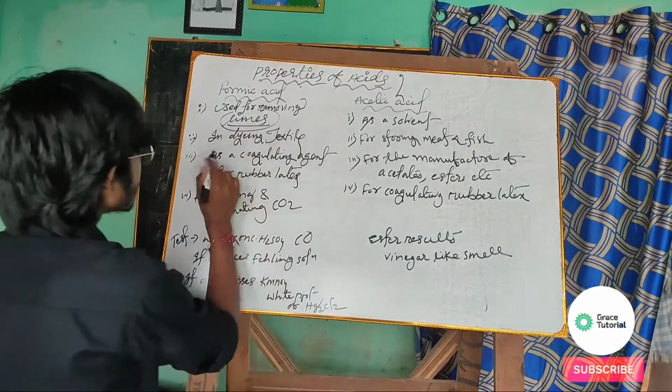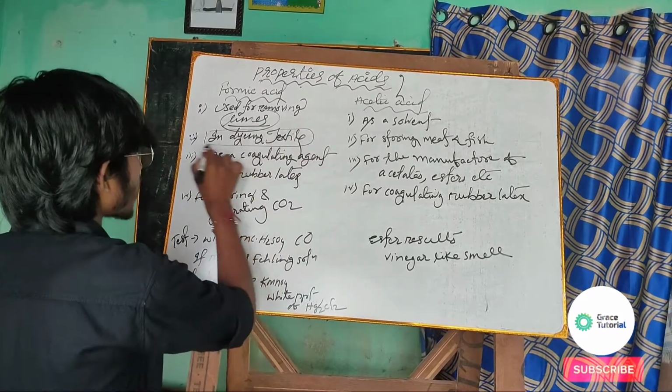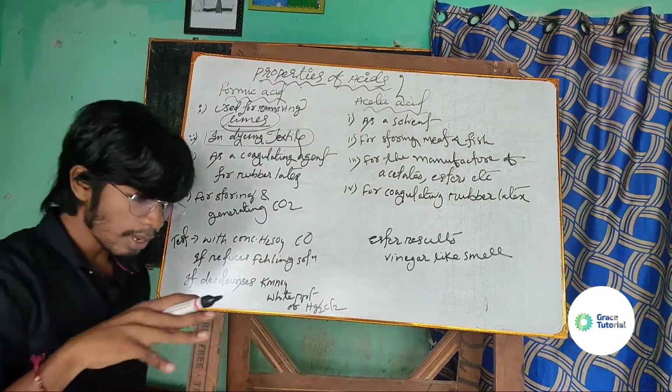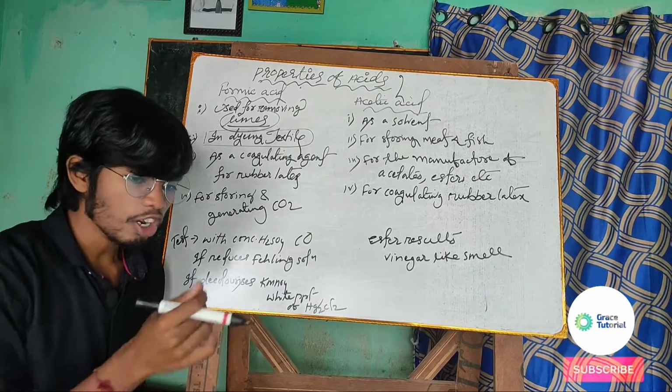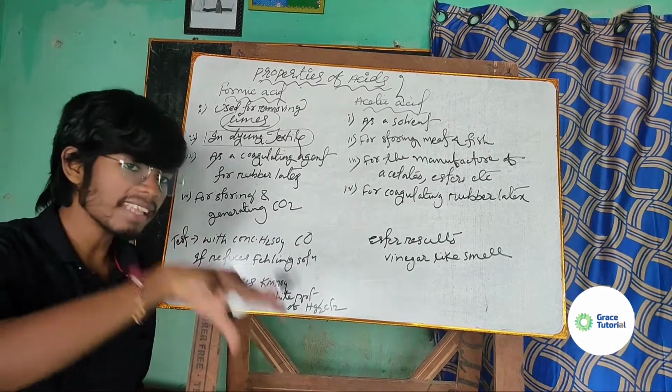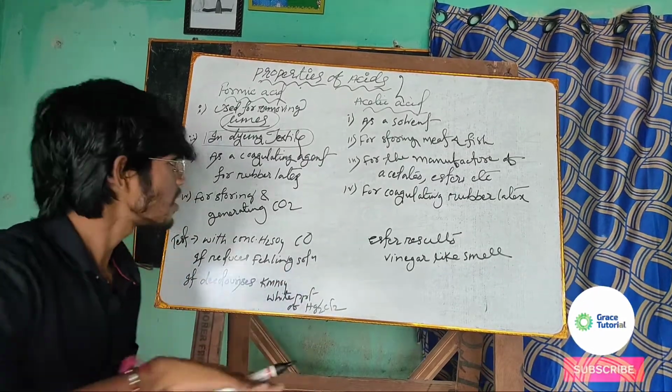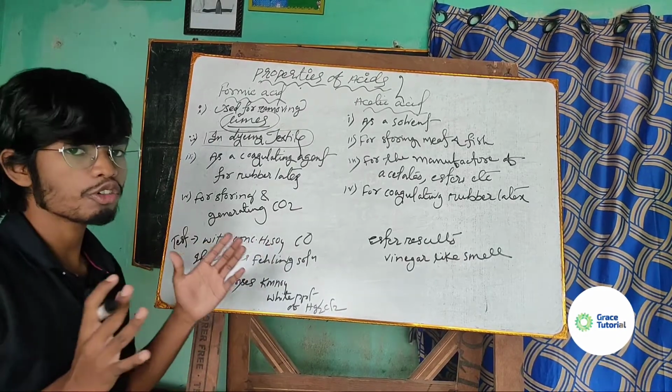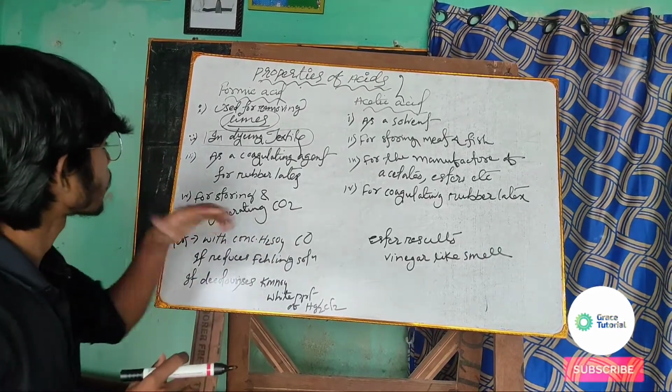And formic acid is also used in dyeing textiles, because there are many textile products, and to color them, formic acid is used as a very important substance.